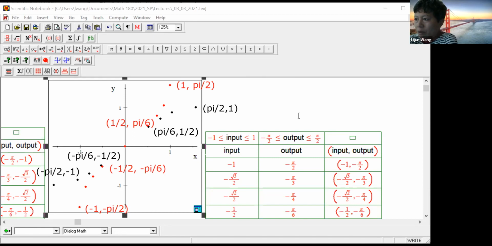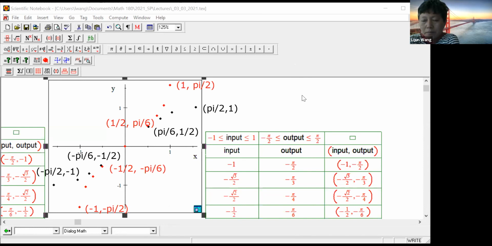You guys done? I try to use this color coordination. Okay, the red is for the red dots.